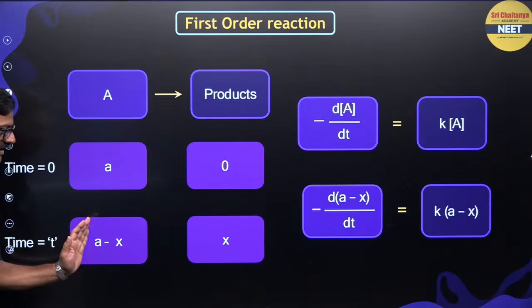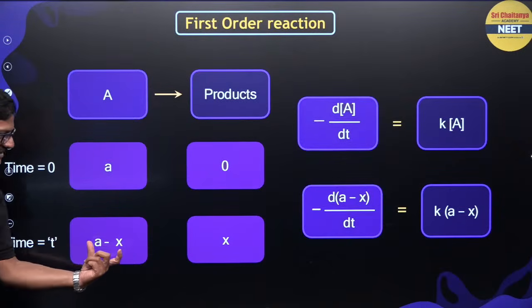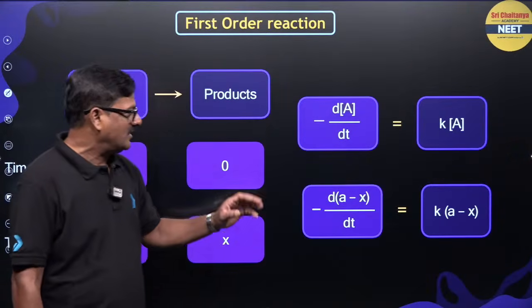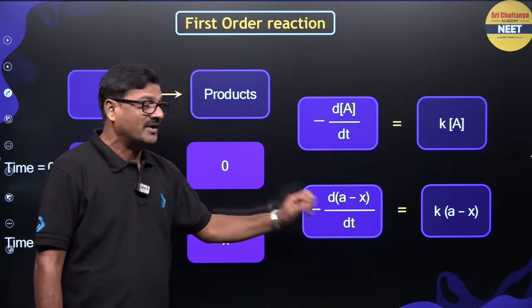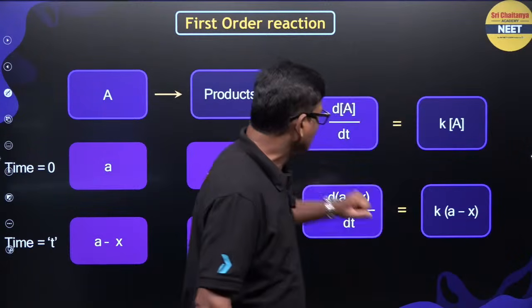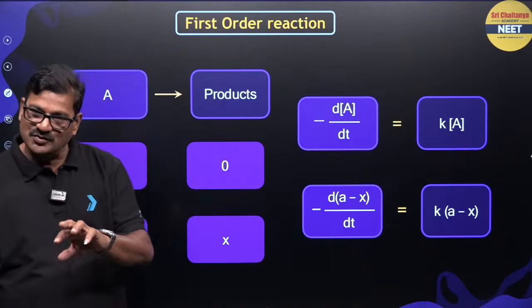When X amount is consumed at time t, A minus X is left and X is formed. Minus dA by dt is equal to K A, and minus d(A minus X) by dt is equal to K (A minus X). Right? You can write this first order reaction in two ways.